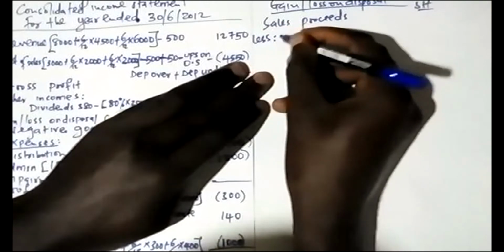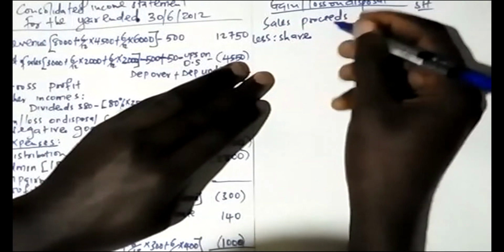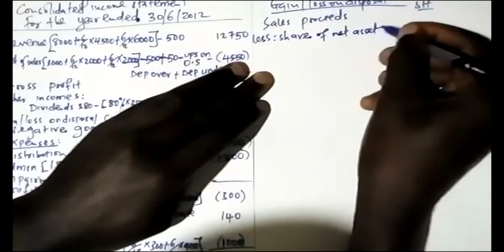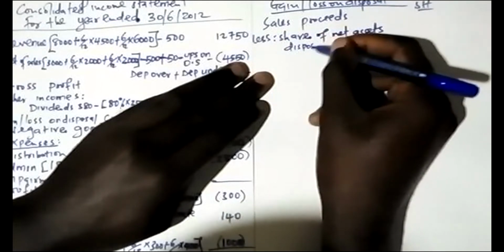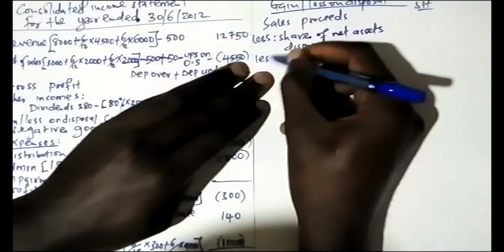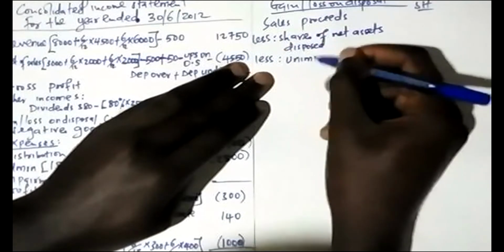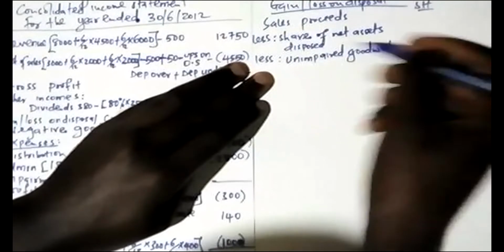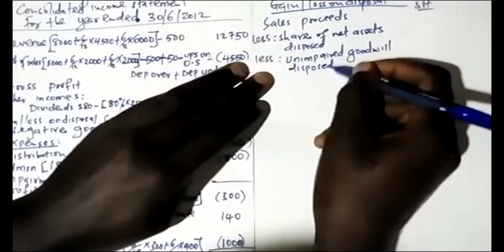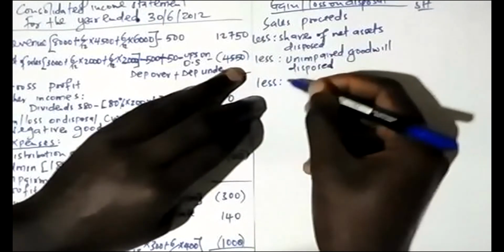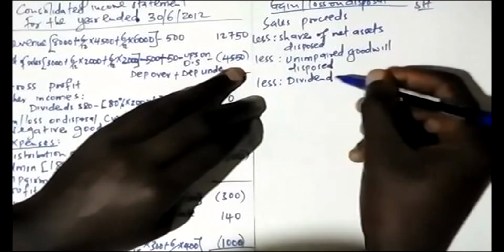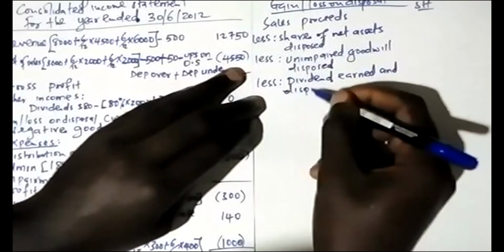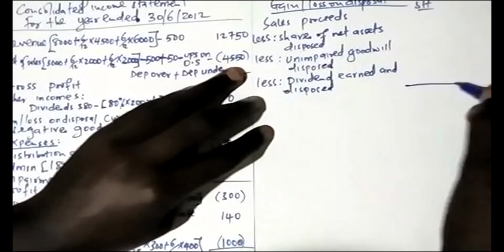Then we raise share of net assets disposed. Then we raise impaired goodwill disposed. Then finally we raise dividend earned and disposed.